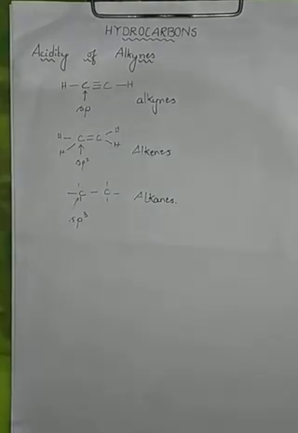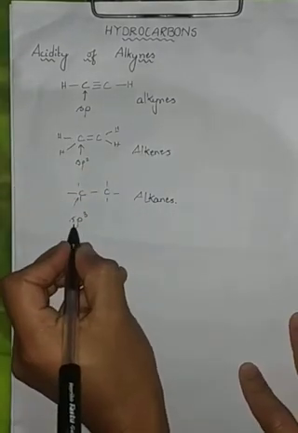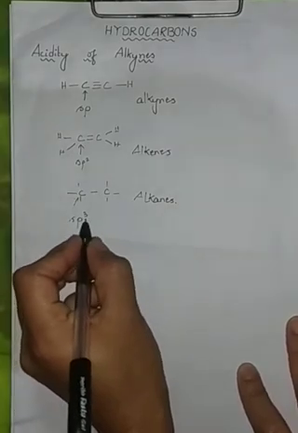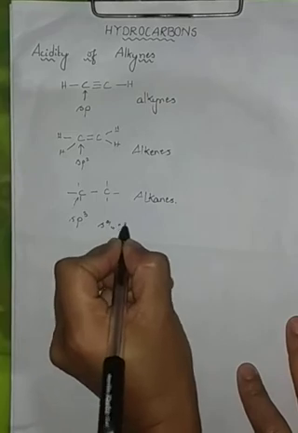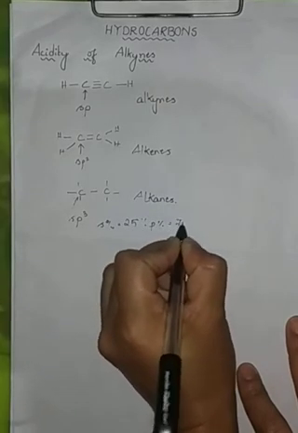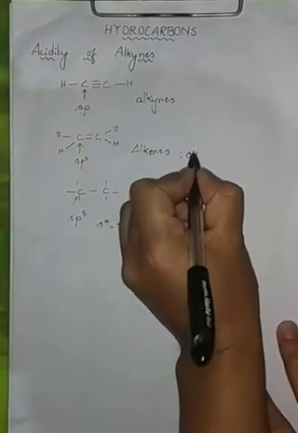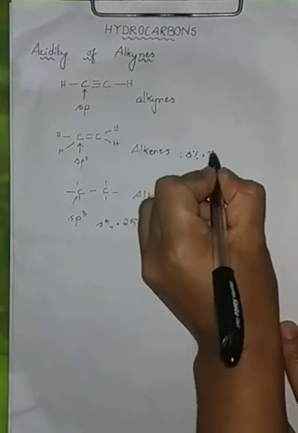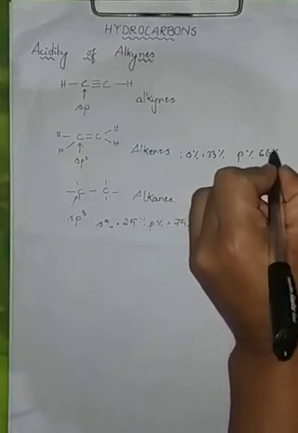Now the hybridization is in this way. In sp3 hybridization, the S character amounts to only 25%, and the P character is 75%. In the case of alkenes, the S character is 33% and the P character is 66%.